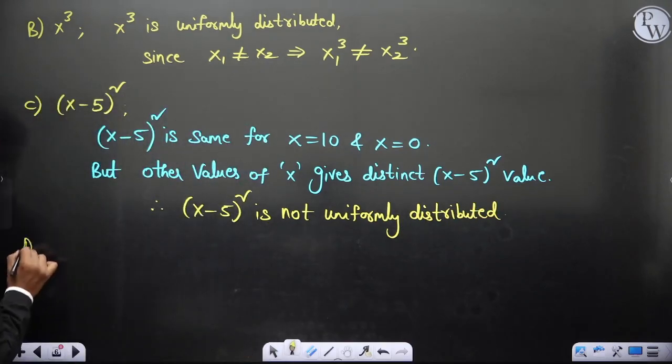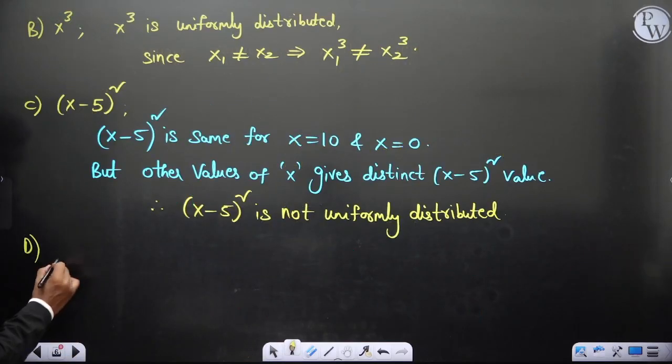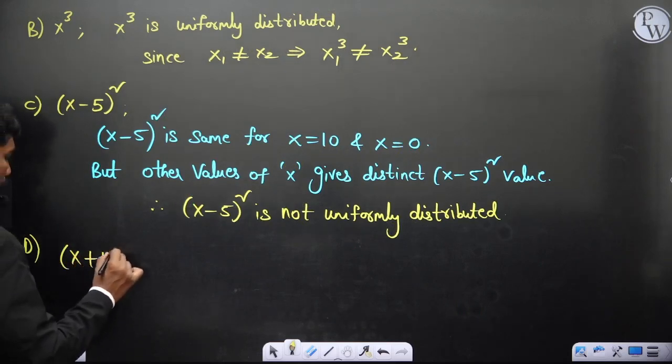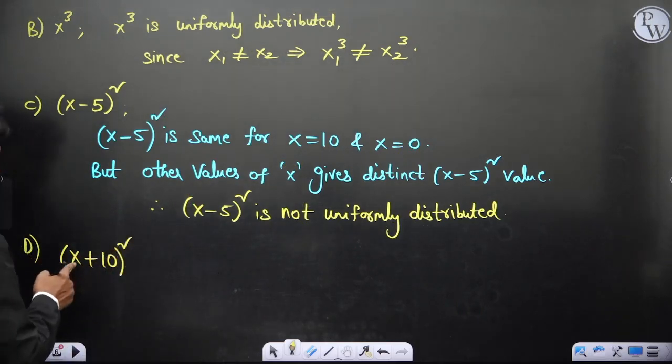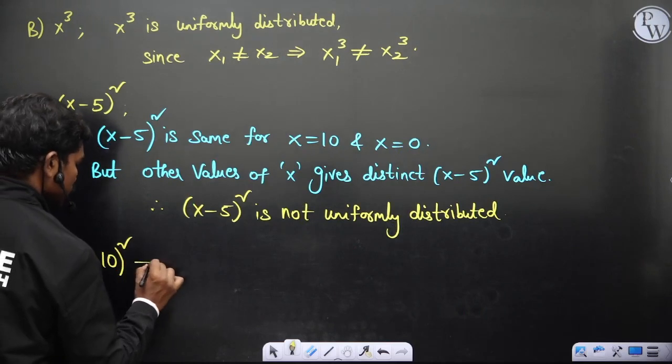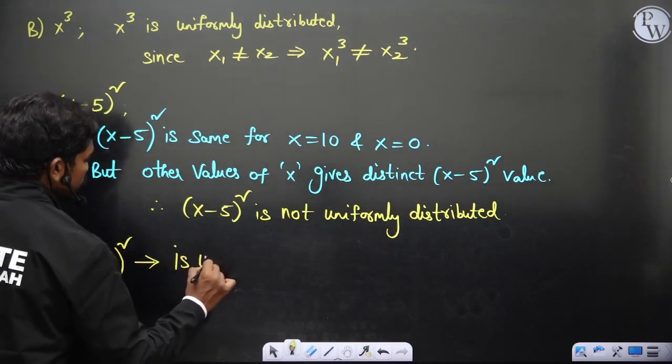Now coming to D, what's option D? X plus 10 whole square. So when you put x equal to minus 10, fine.